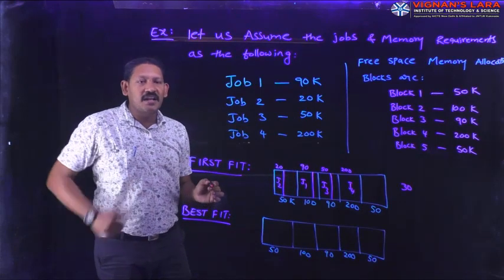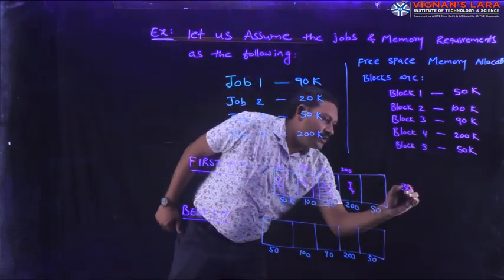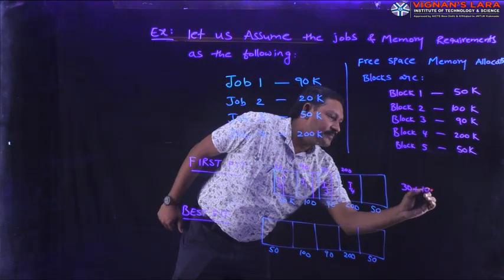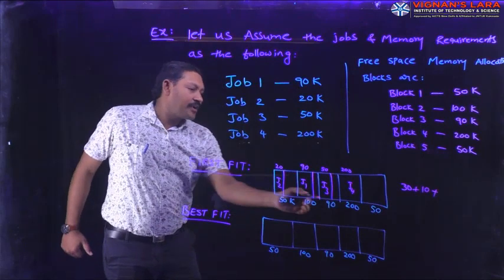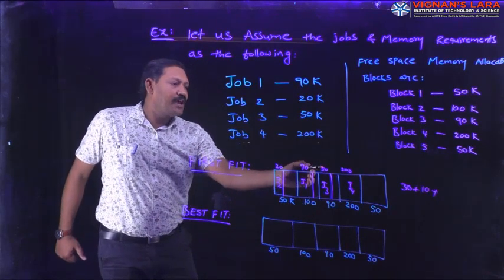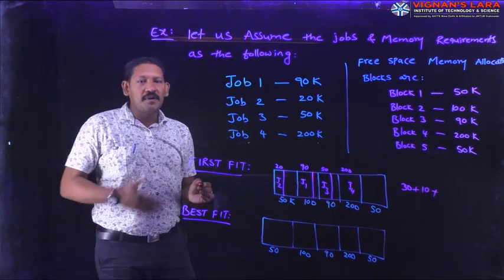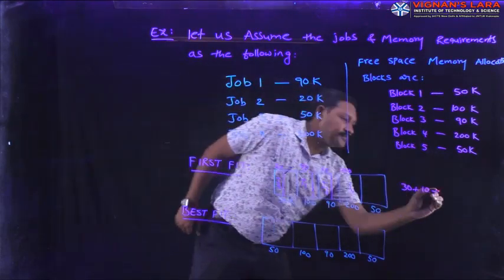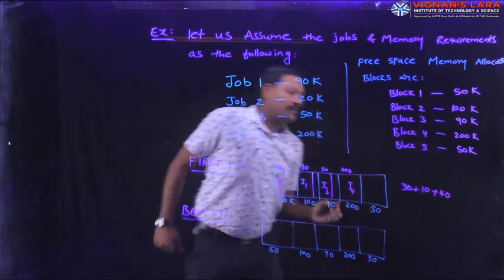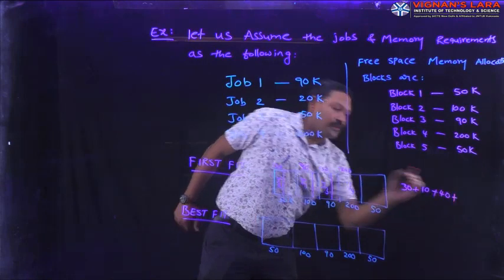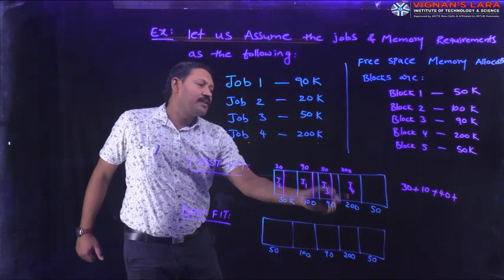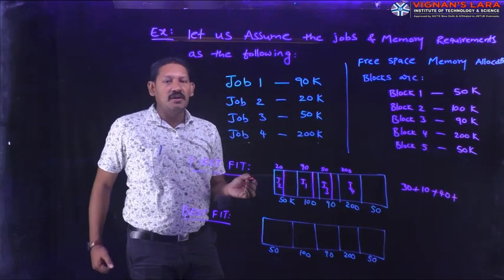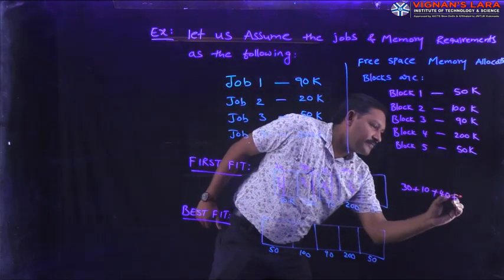The remaining 10k is being wasted, so plus 10. In the third block, it is capable of accommodating 90, but we have used only 50. The remaining 40 is being wasted. In the fourth block, it is capable of accommodating 200, and we have used 200. So there is no wastage.